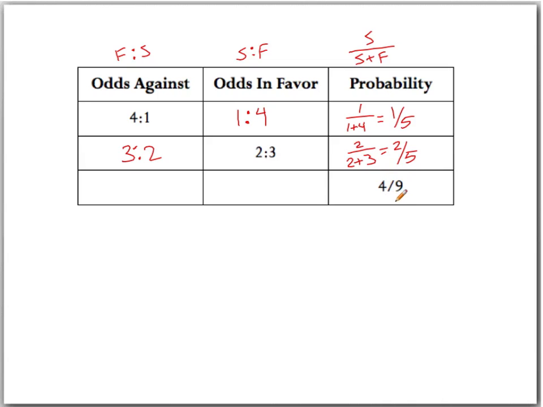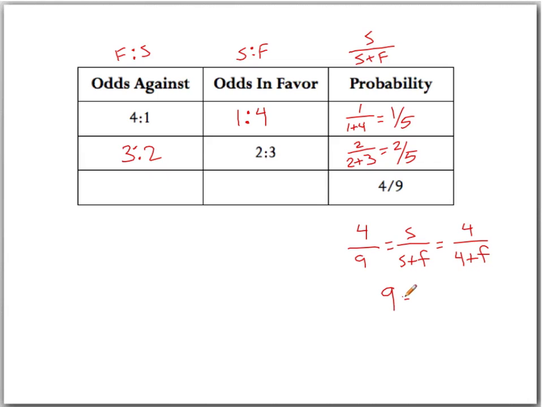Now in this case, I'm given the probability of 4 over 9. So I have to think of 4 over 9 equals my successes over my successes plus my failures. So when we look at this, I see I have 4 successes, and so we can replace that S with the 4. So how many failures do I have? Well, if there are 4 successes out of 9 trials, that means 5 times I would fail.